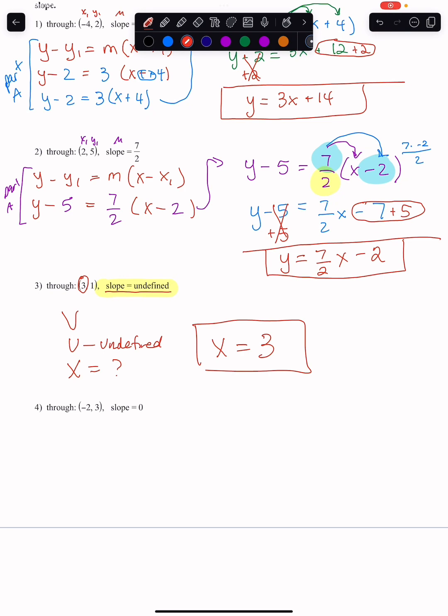Okay, and the last one of this video says my slope is 0. If my slope is 0, that should trigger me to think horizontal.